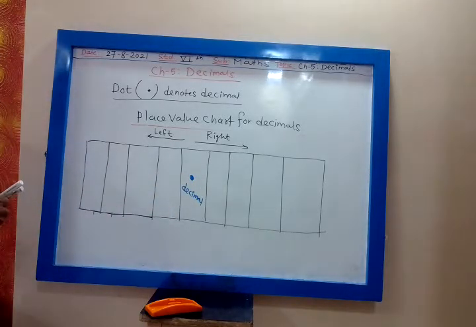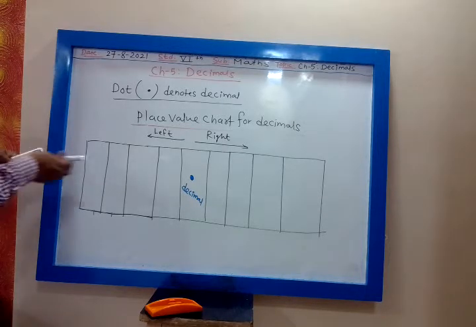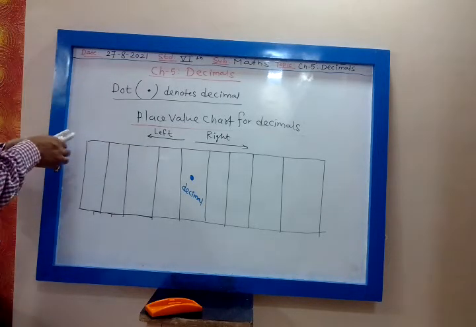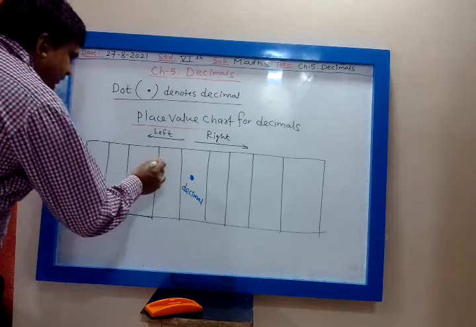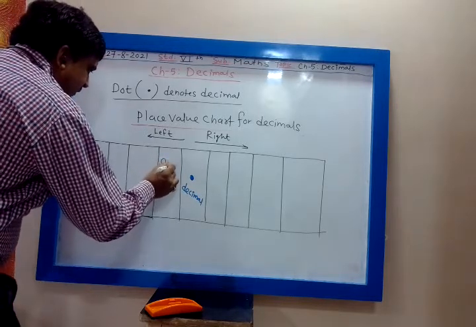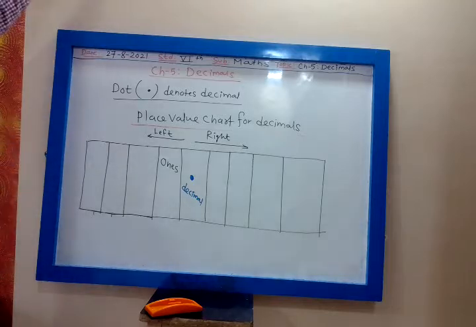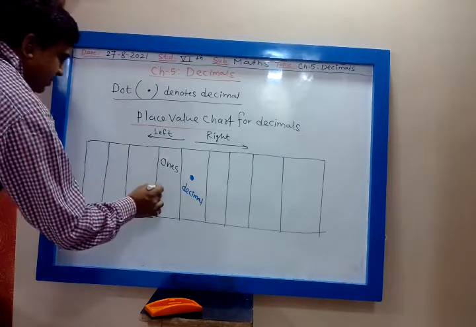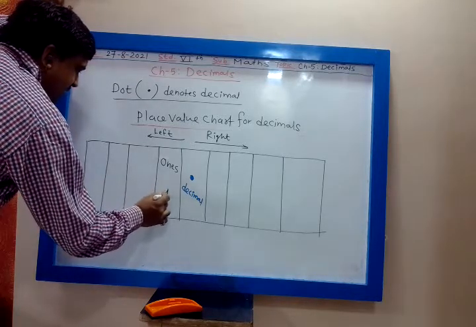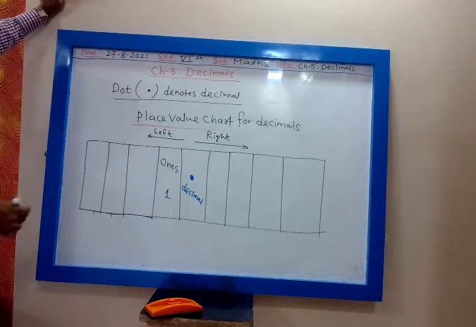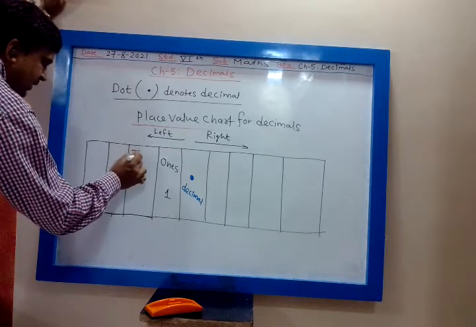Okay. Then before decimal we have the place values. What do we call that? We call that ones. What is the place value of ones? That is 1. Then we have tens.